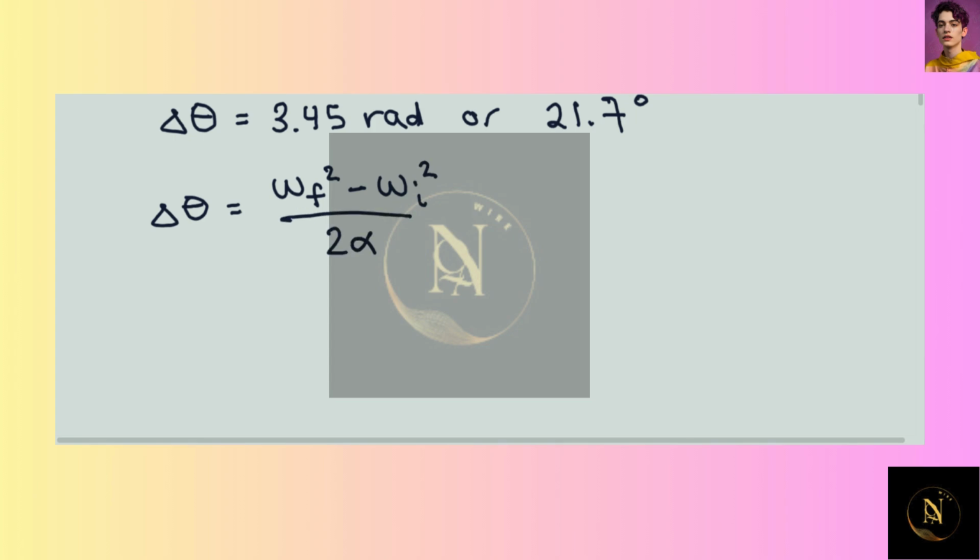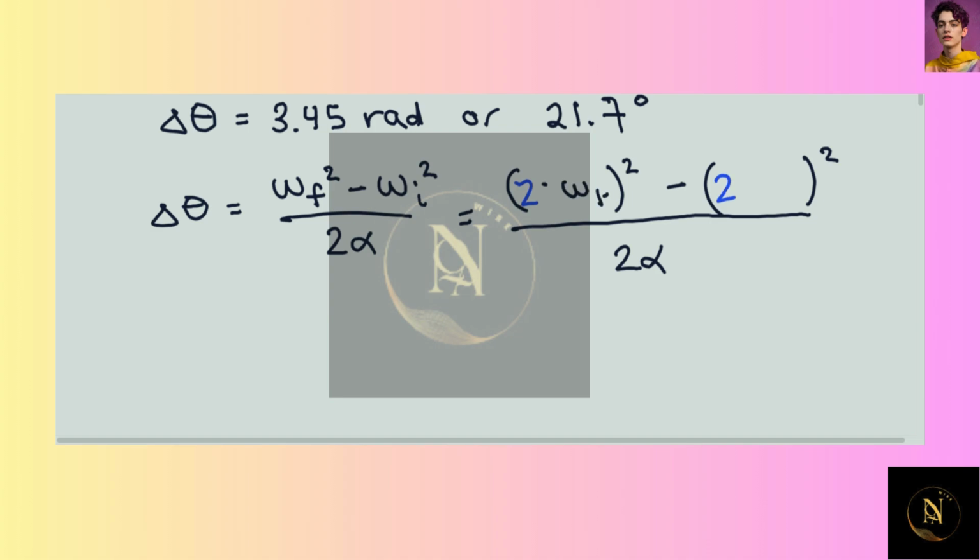But now we want to make sure we add a factor of 2 in front of omega f and omega i, and these are both going to be underneath the square. So we'll go ahead and write this all over 2 alpha, because remember, we're not doing anything to alpha, it's staying constant. These are factors of 2, indicating that we're doubling these velocities.